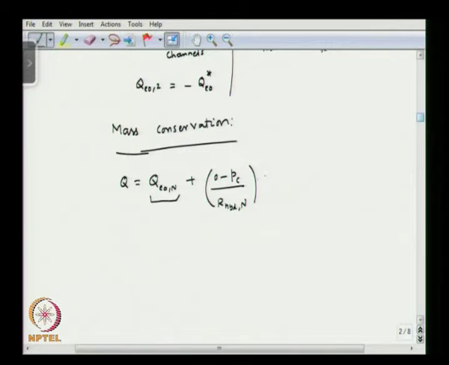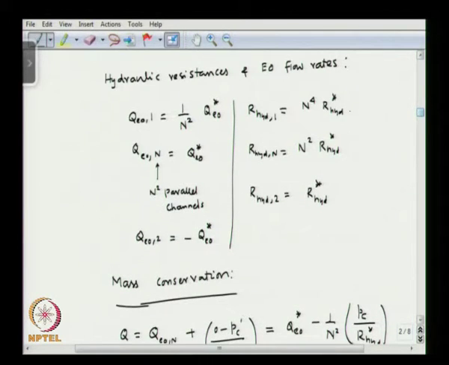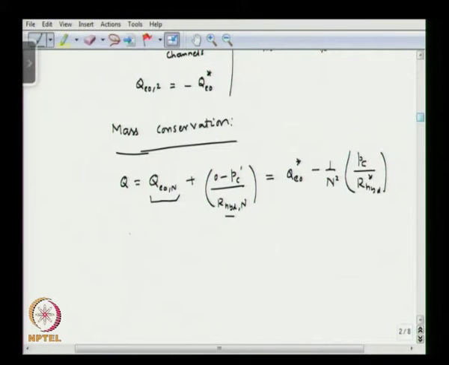Pc is the central pressure, as in the previous case that we had studied. This is equal to Q EO star minus 1 over n square into Pc divided by R hydraulic star. We just substitute for R hydraulic n and Pc from here. So, this is the flow rate in part 1 of the channel.